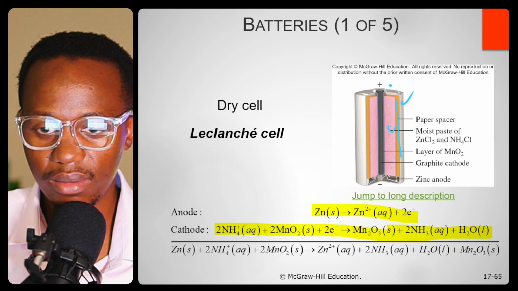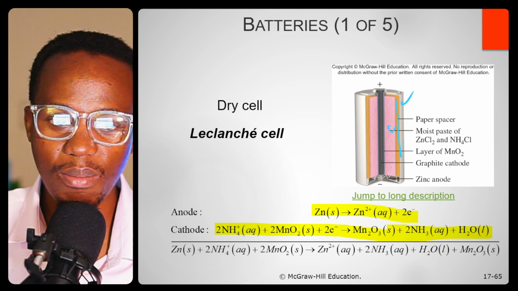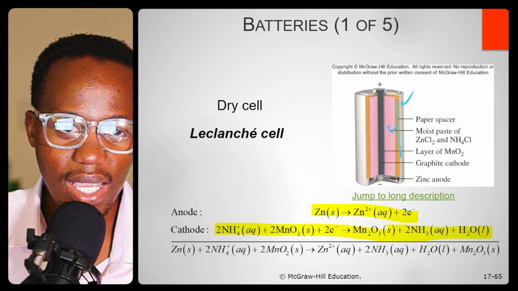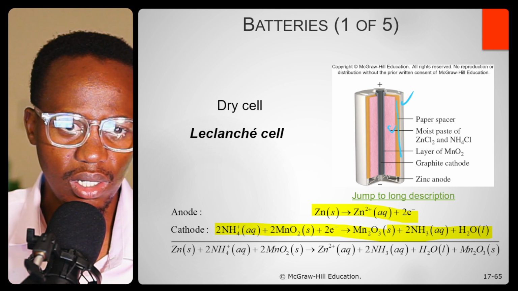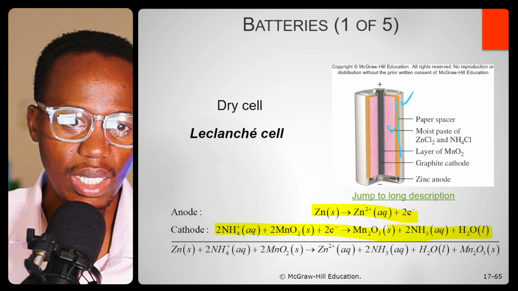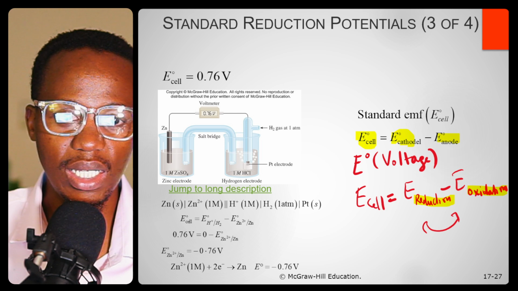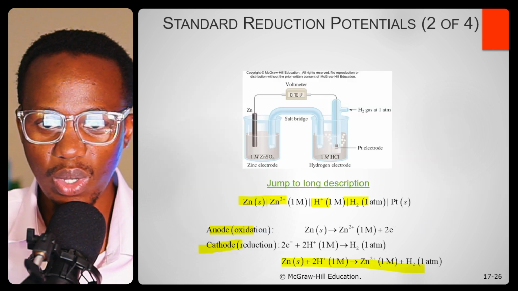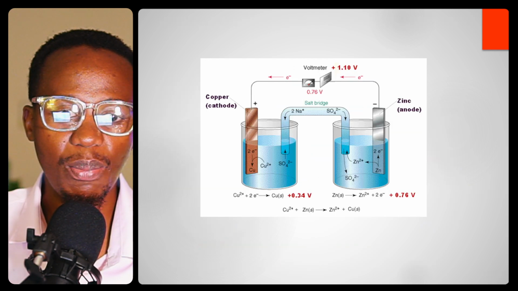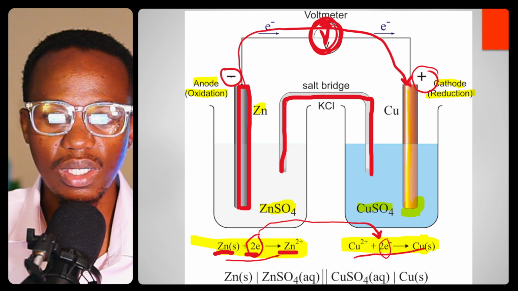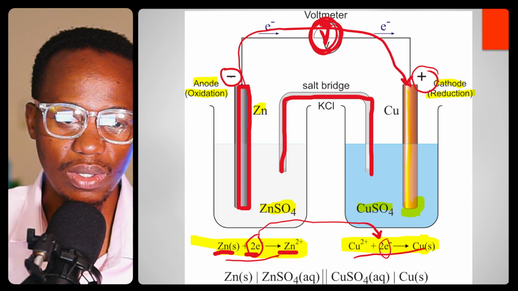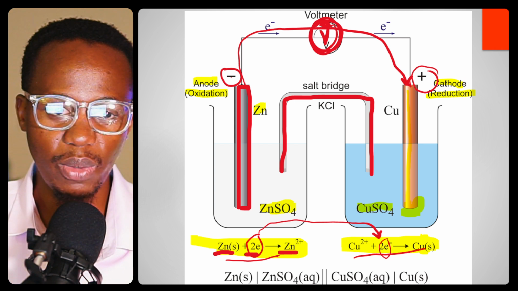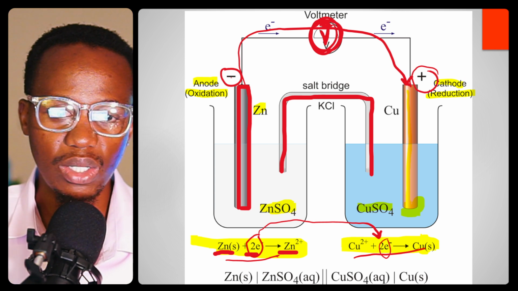So basically a battery is a fancy compact version of these types of cells that we've been looking at. It's a fancy compact type of these that have electrodes, anode, cathode, bridge, and a way to measure the voltage or a way to harness it.